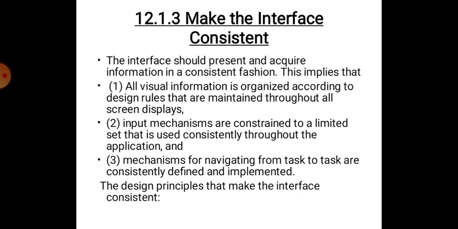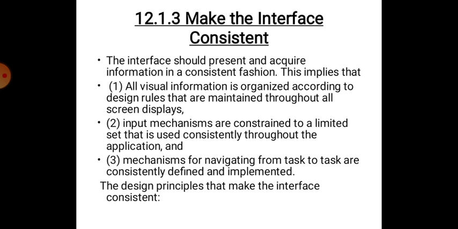The third point, make the interface consistent. The interface should present and acquire information in a consistent fashion. This implies: 1. All visual information is organized according to design rules that are maintained throughout all screen displays.